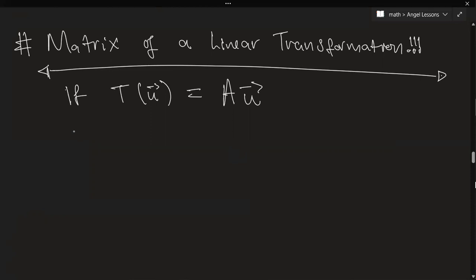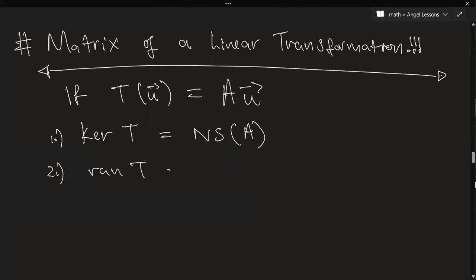The kernel of T becomes just the null space of A. Then the range of T simply becomes the column space of A. That's why it's very important to know how to write every linear transformation in matrix form, because it provides a much simpler way of finding these two, the kernel and the range.